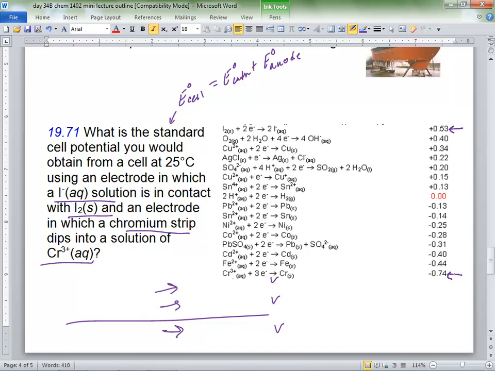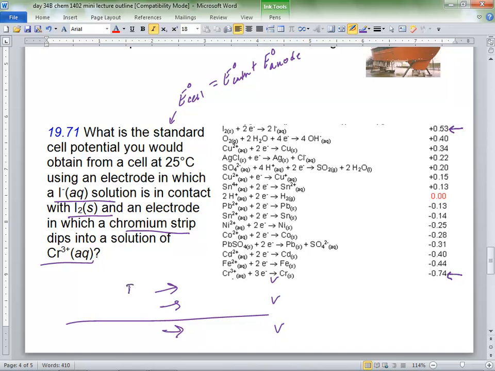Do we leave them alone? Do we have to flip them? What if it said get the overall cell reaction? Flip the most negative one, exactly. So you would flip the chromium one, right? It looks like you'd have to multiply the top one. Well, I guess you start writing some stuff down, right?